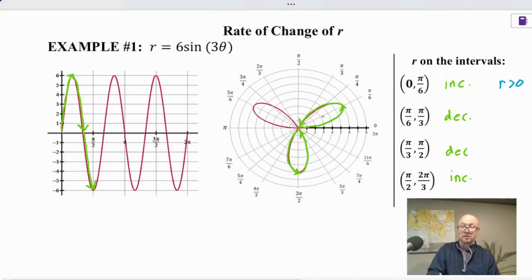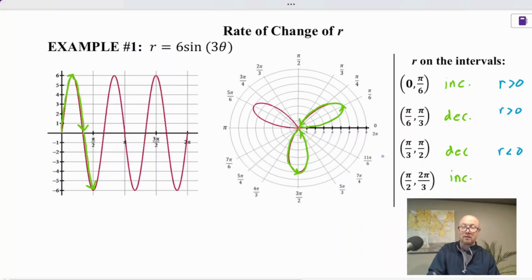If we go from pi over 6 to pi over 3, our r is still positive. But now what's happening? Well, since we're decreasing, we're moving towards the pole. r is positive, that means the distance is getting smaller. So the distance between the function and the pole is decreasing. All right. From pi over 3 to pi over 2, now we're dealing with negative r values. We are below the polar axis or the x-axis here.